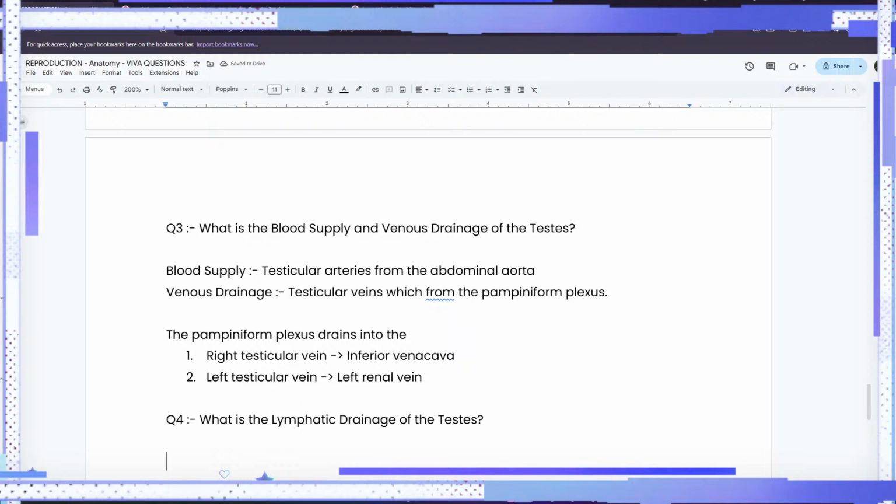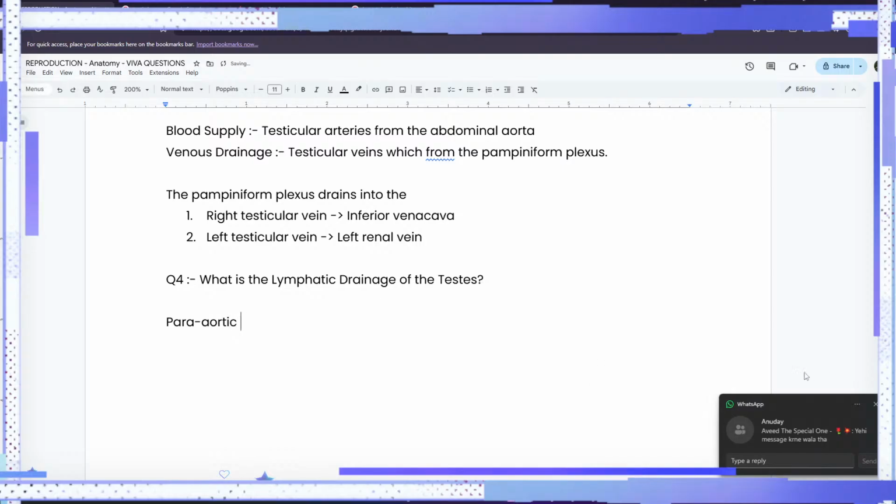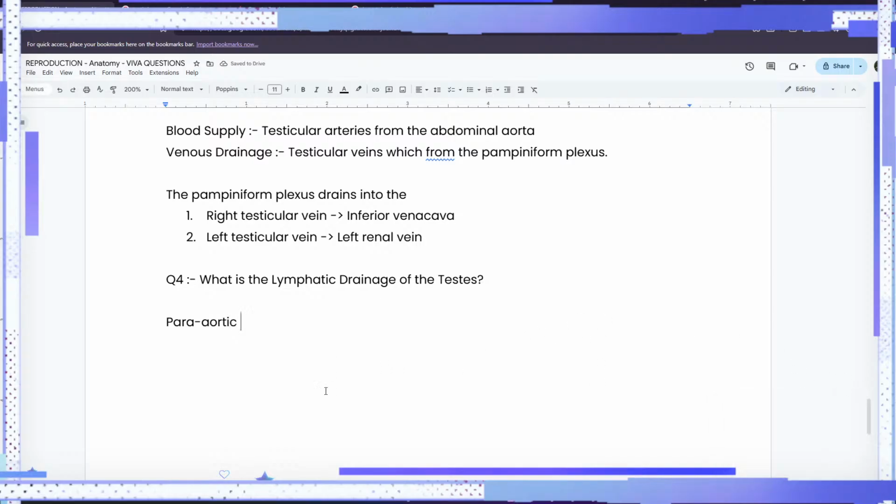Actually, not much that you need to know. Very simple answer. Para-aortic lumbar lymph nodes at the level of L1 to L2.